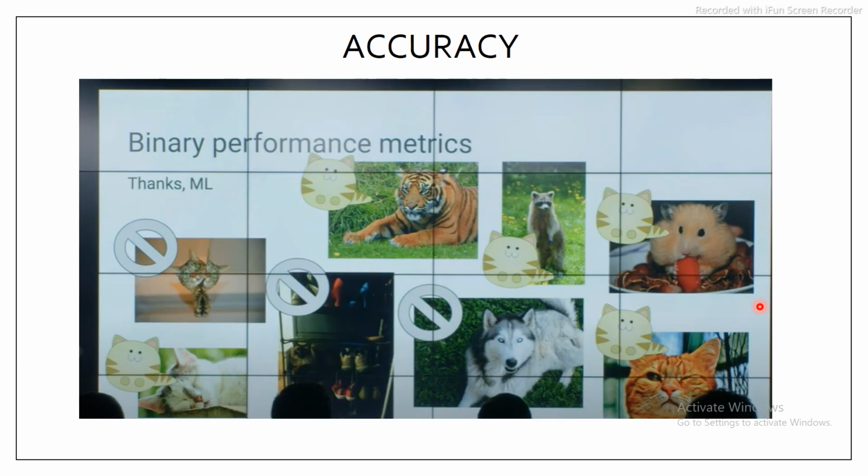Let's say here you have this cat, this tiger. So you have different images. I think cat is there and also the tiger, and some dogs are also there. They look similar.